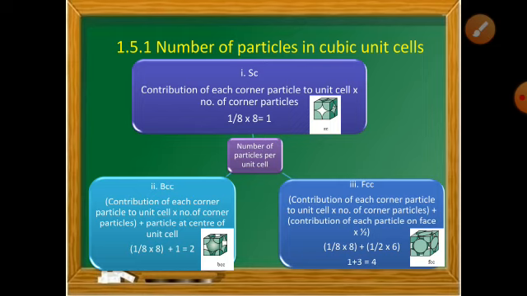Actually, if we see a single unit cell, 8 corners give 8 particles and the 6 faces give 6, so that is 14, but it's not 14. The actual contribution of particles is only 4. I hope it is clear to you.